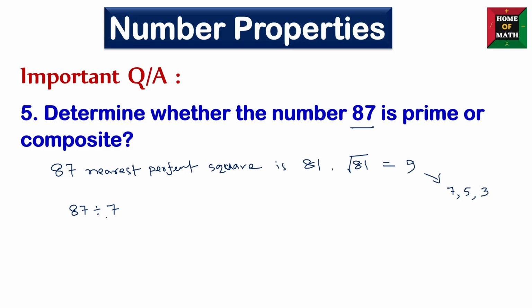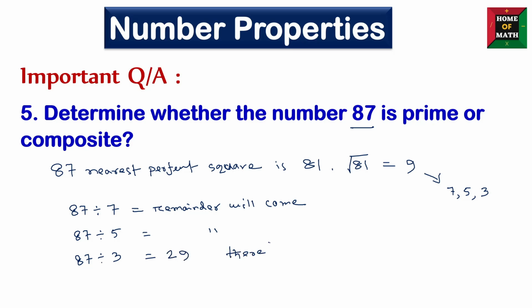So when we divide 87 by 7, a remainder will come. Then 87 divided by 5, a remainder will come. And finally 87 divided by 3 gives 29.